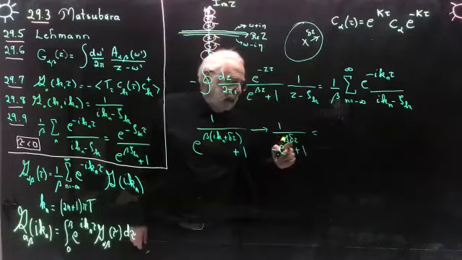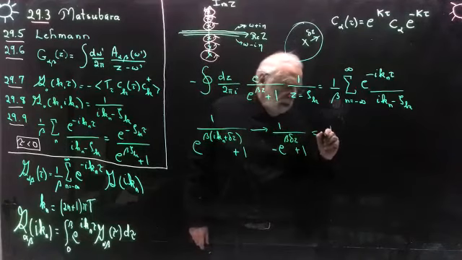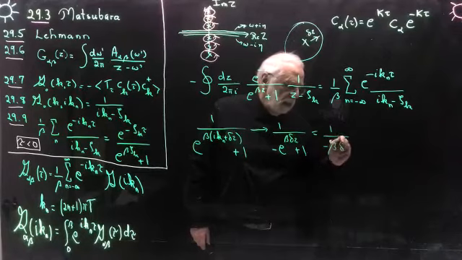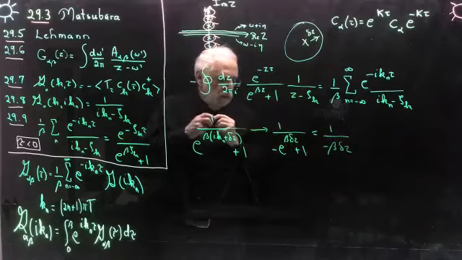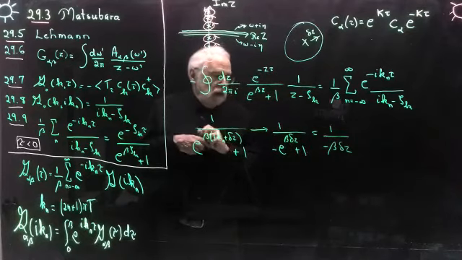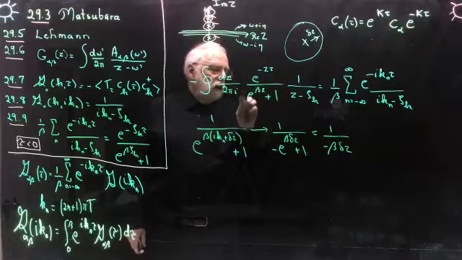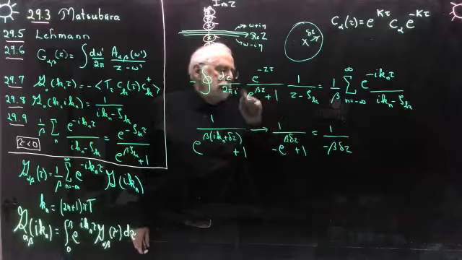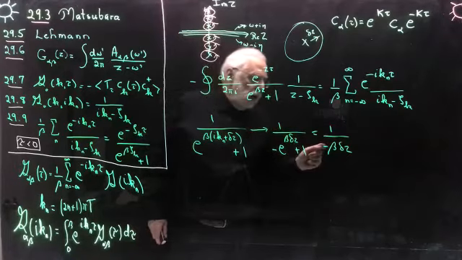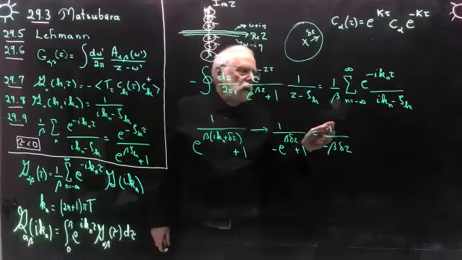When delta z goes to 0, it becomes small, and then this is just 1 over minus beta delta z. So the residue along this singularity is equal to minus 1 over beta.